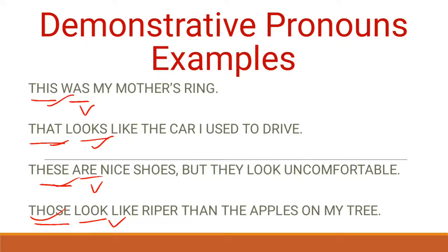That's why they are not demonstrative adjectives. They are playing the role of demonstrative pronouns because they have been used in place of nouns. I hope now you have understood demonstrative pronouns and the difference between demonstrative pronouns and demonstrative adjectives.